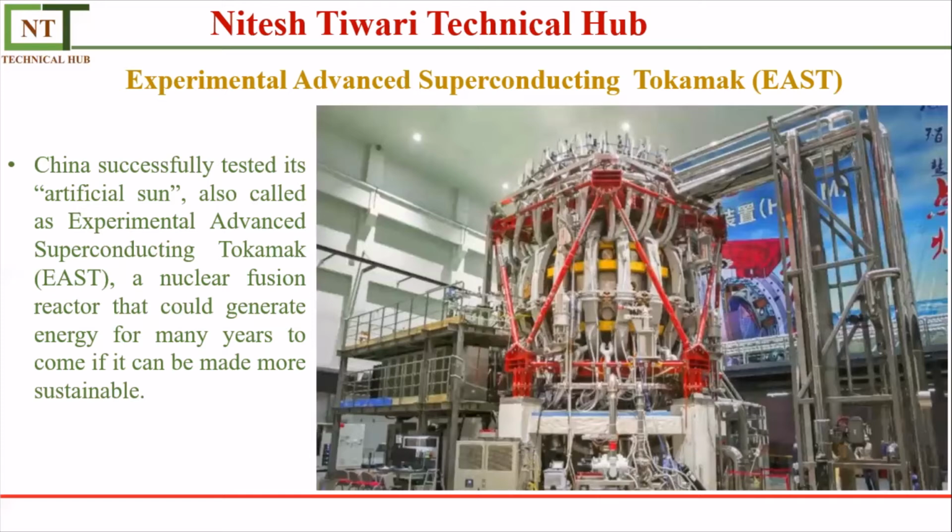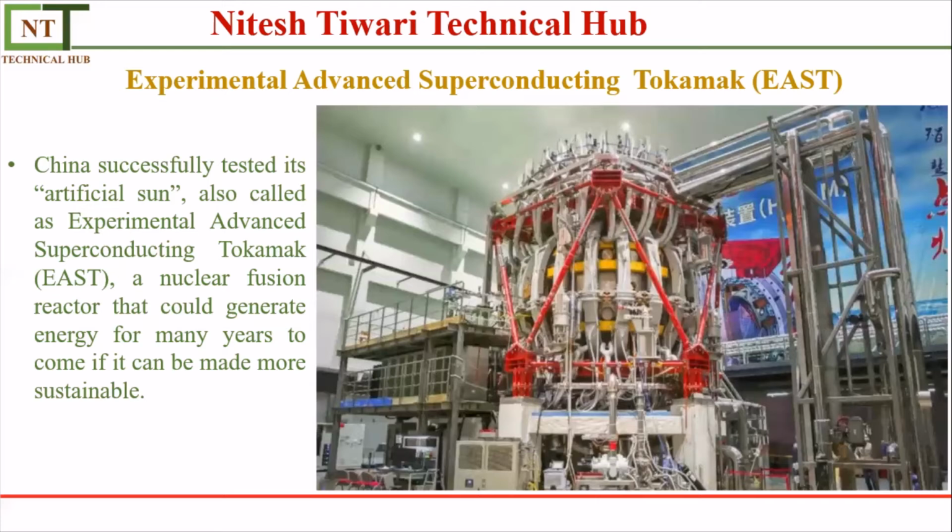But experts in China say there is still a long way to go for the experimental artificial sun, and we have to do a lot of work. Why? Because of course we are generating a temperature higher than the sun, even 10 times higher, but not for a long time. It is only for 20 seconds.